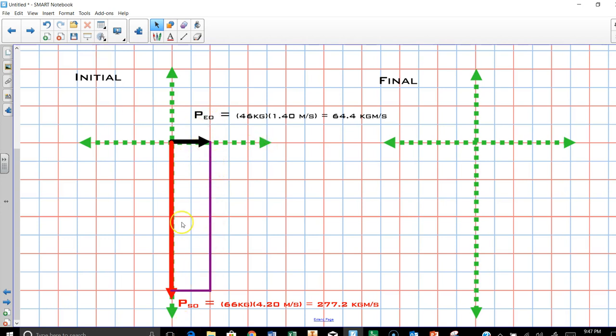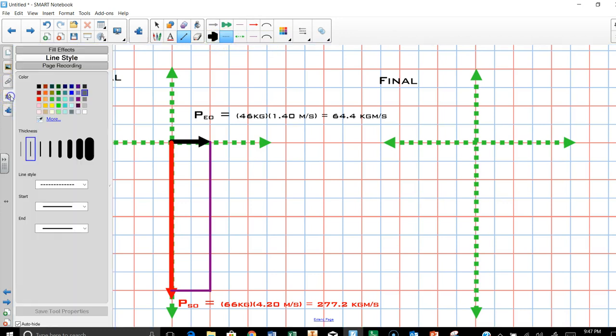And this line here is equal to the momentum of the person going south originally. And the combined momenta are going to be an arrow that goes from the origin diagonally across that rectangle.